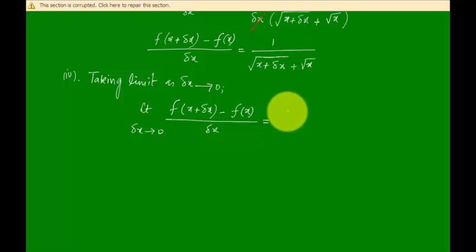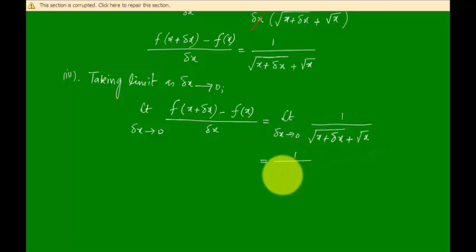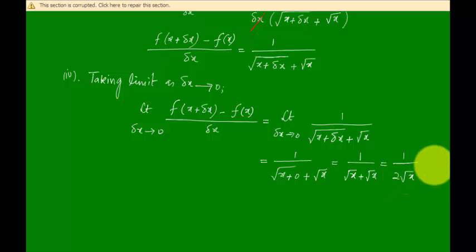And on the other side we will again apply the same limit, delta x tends to 0, and the rest will be 1 over square root of x plus delta x plus square root of x. This will become 1 over square root of x plus, this delta x will become 0, plus square root of x, which is equal to 1 over square root of x plus square root of x, and finally you will get 1 over 2 square root of x.